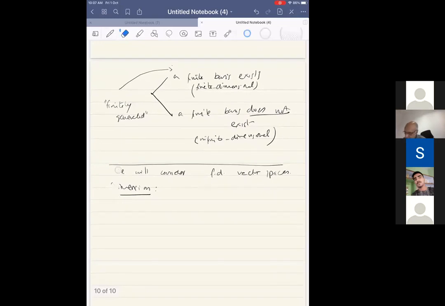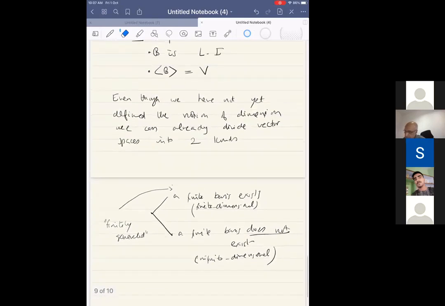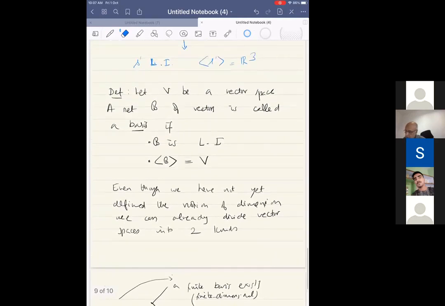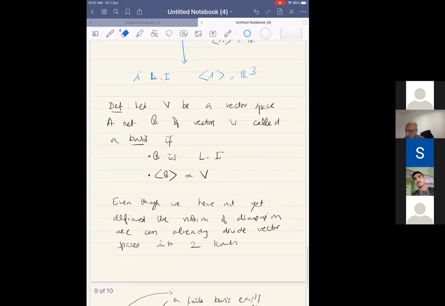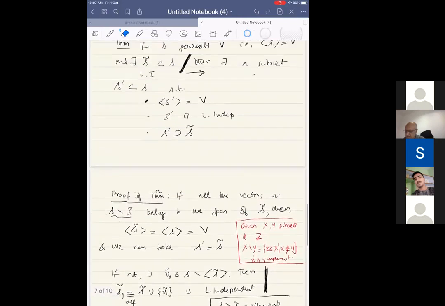So now that we have defined the notion of a basis, let's go back to our theorem.